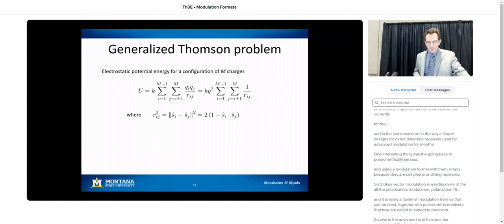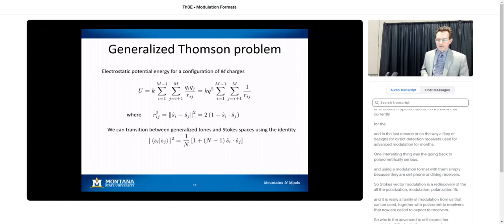So the electrostatic potential energy for a configuration of M charges is shown here. And as you can see, it depends on the pairwise Euclidean distance in Stokes space. But due to the properties between Jones and Stokes spaces in the generalized case, we have this identity here, and this allows us to write a recursion and use the method of steepest descent in order to update the configuration of charges again and again until we reach equilibrium.